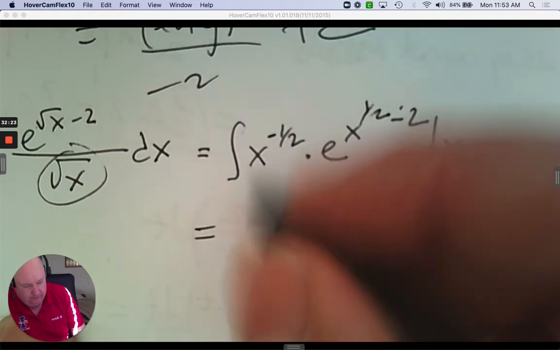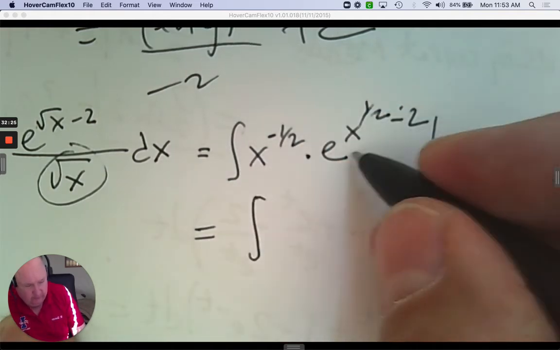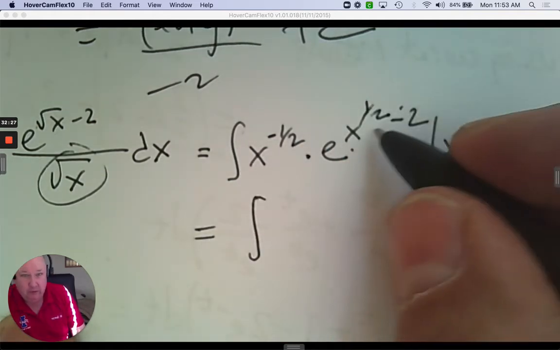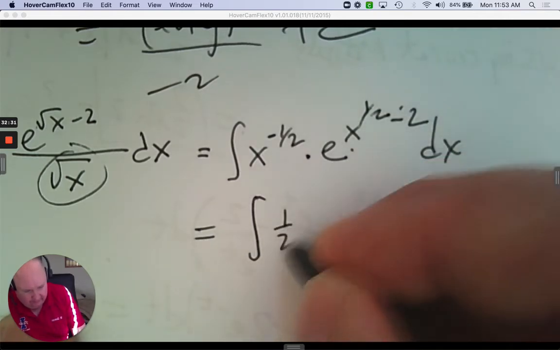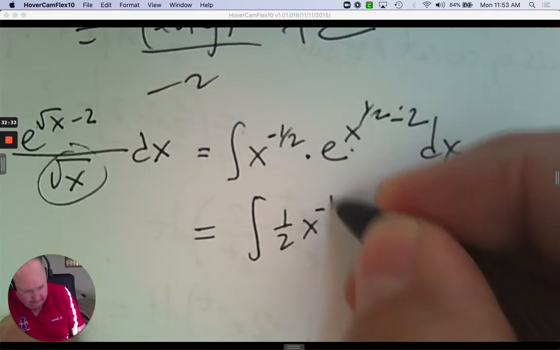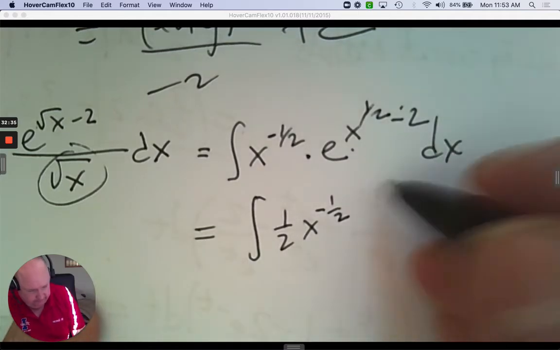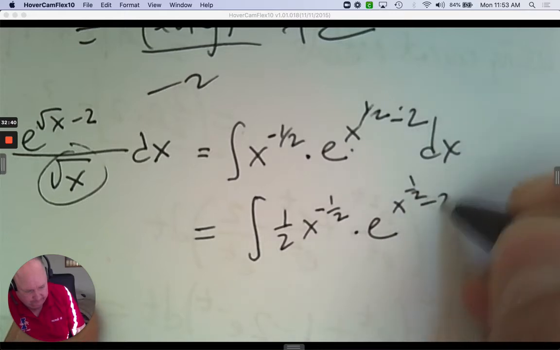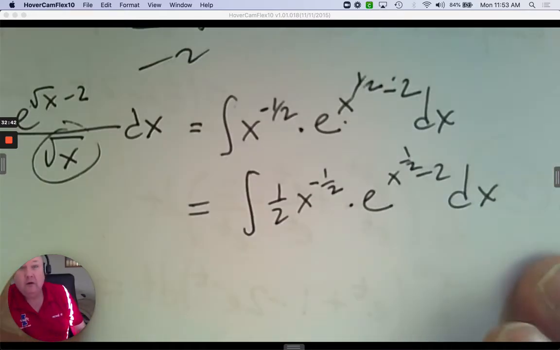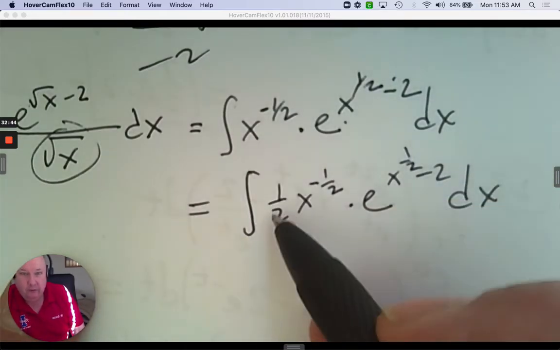Now, the derivative of the exponent there, x to the 1/2, is 1/2 x to the negative 1/2. So that's the hook on that it needs. So if I look, the only difference is the 1/2.